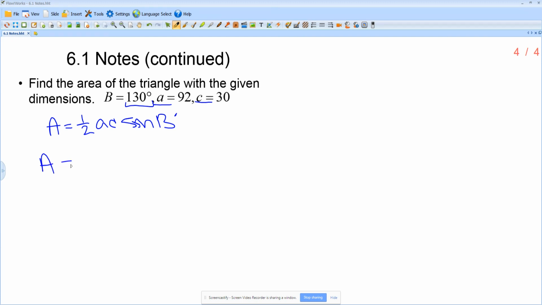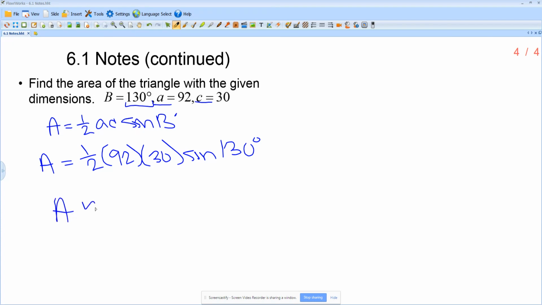So that gives me A equals 1/2 92 times 30 times the sine of 130 degrees. If I just shoot that into the calculator, area is approximately 1057.141. We don't have the unit of measurement, but it's just units squared.